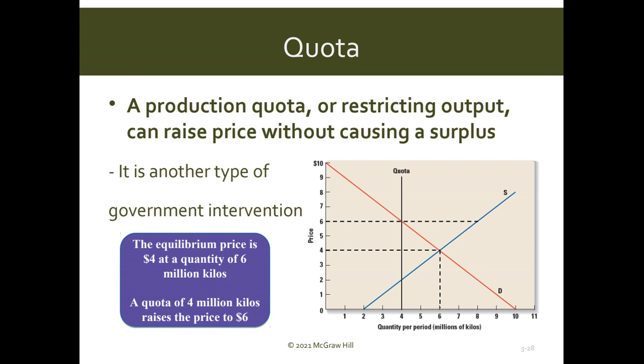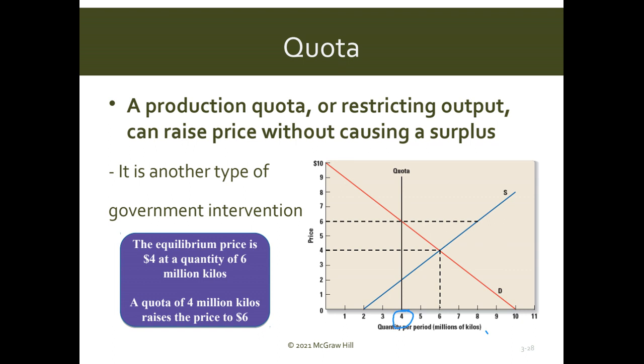Okay, so let's see this. If you look at this, this is the quota. This production level is quota. That is, the suppliers are not allowed to produce more than 4 units, or whatever, million kilos of that particular commodity or product.